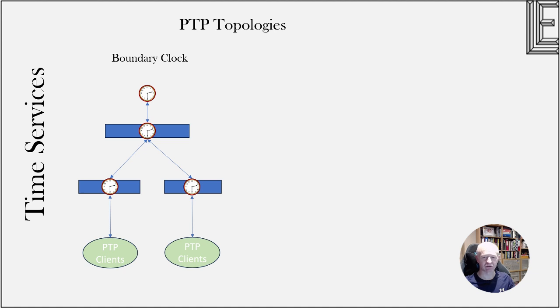Within a boundary clock topology, all switches in the path act as a client to their upstream device. They interpret the PTP signal and form their own view of UTC. They then become a master to their downstream nodes, either further switches or client devices.